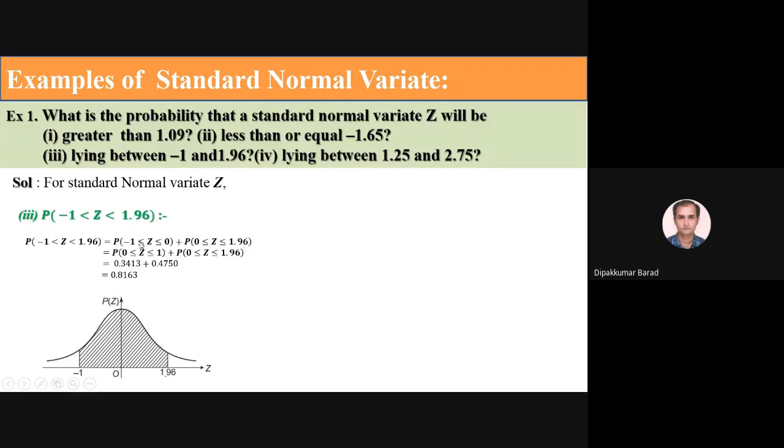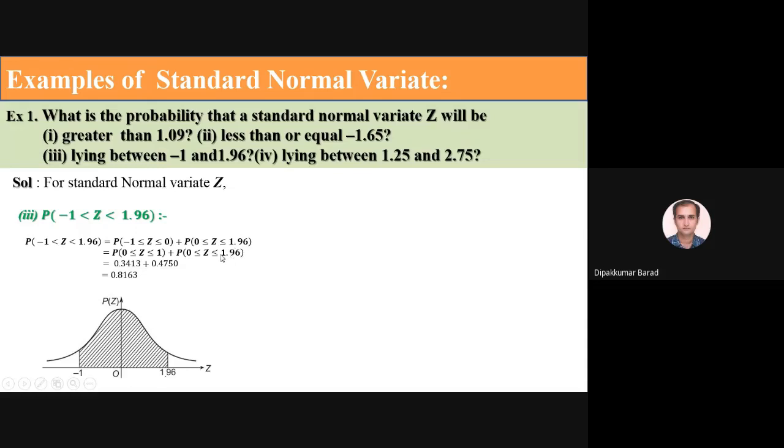Now -1 to 0, we have to convert into a positive value, so we use the symmetry, which gives the same probability as P(0 ≤ z ≤ 1). And here P(0 ≤ z ≤ 1.96). Now again you look in the z table at 1.00, for which you get 0.3413, and again in the z table you look at 1.96.